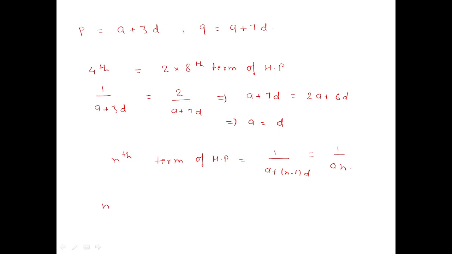So the nth term of HP is equal to 1 upon A, the first term, upon n. So the first term is nothing but n into the nth term. It means 7 into the 7th term is equal to the first term, 8 into the 8th term is equal to the first term, 9 into the 9th term is equal to the first term.